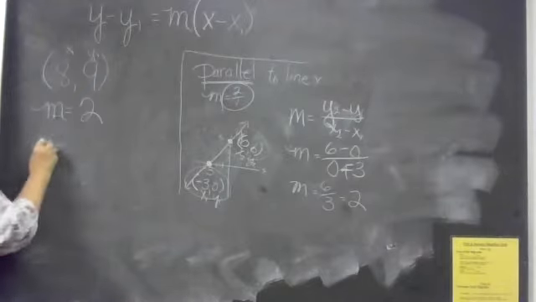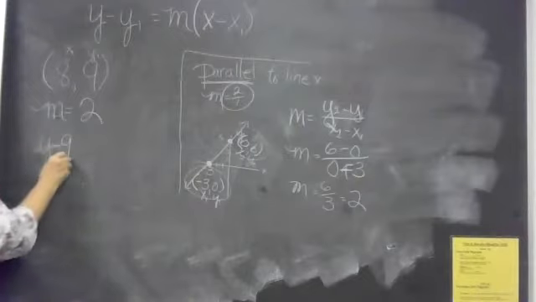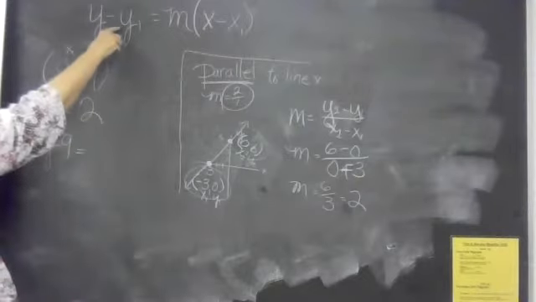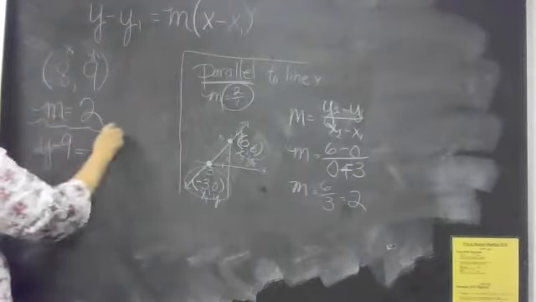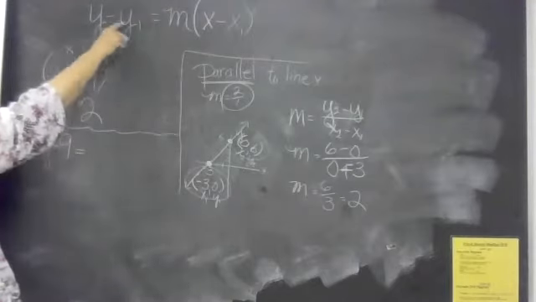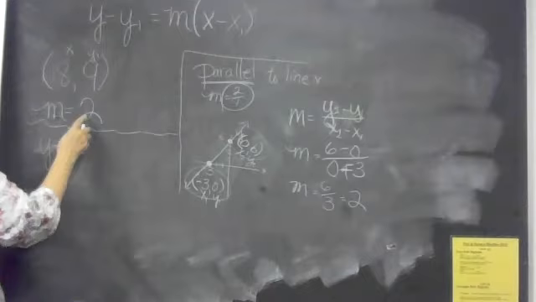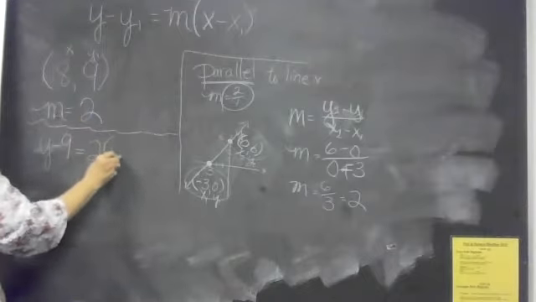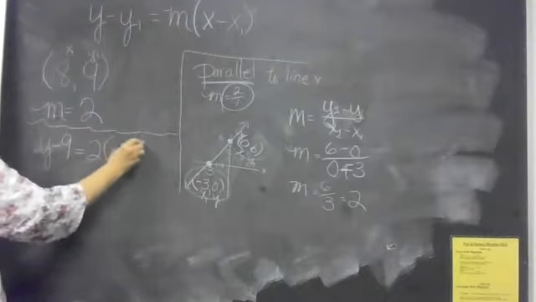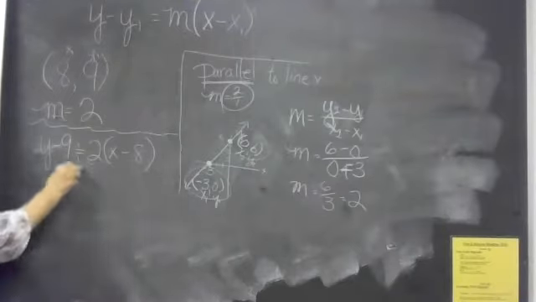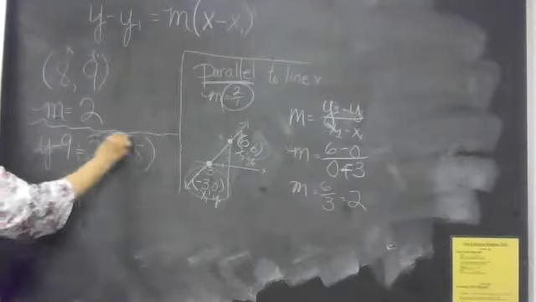So we have y minus 9. I'm writing the equation of this line now. Y minus 9 equals the slope times x minus 8. I'm multiplying.